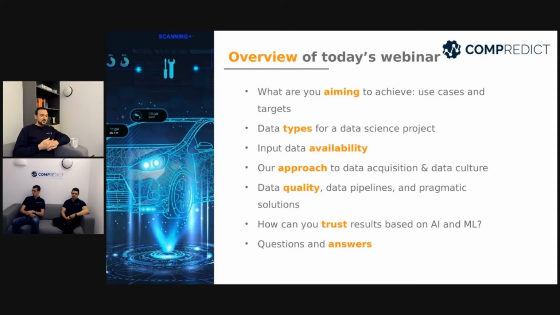Then we will speak a bit about our approach for data acquisition and data culture, because it is an important part of data science to develop, and to help people in your company to develop, a data culture. We will speak as well about data quality, data pipelines, and how we can handle this with pragmatic solutions.